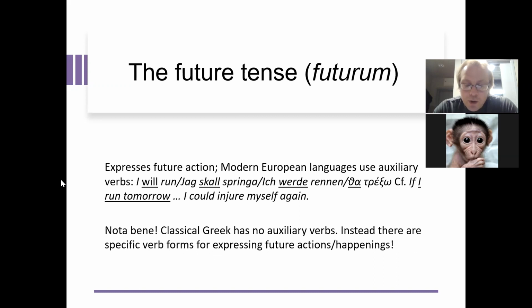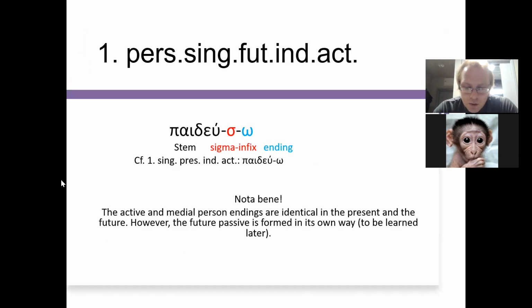So, how is a verb in the future formed in classical Greek? To answer this question, it's best that we again turn to our example verb, paideuo. So this is how the first person singular future indicative active looks like of this verb.